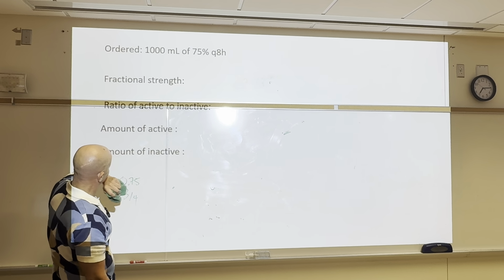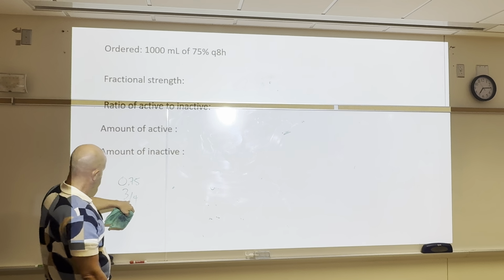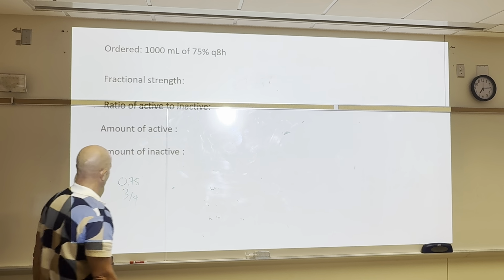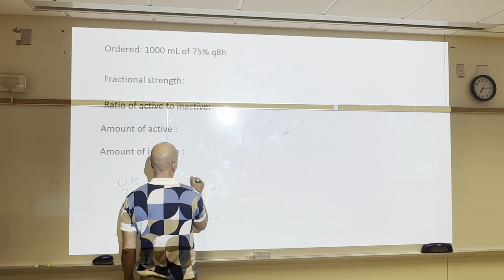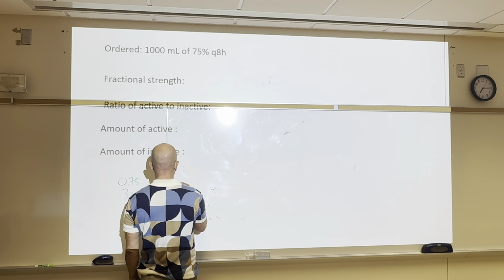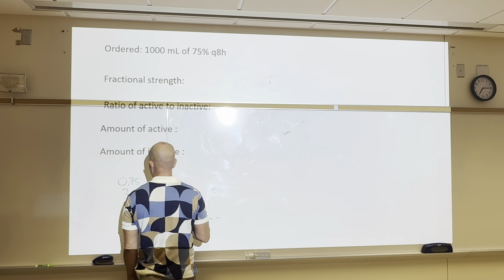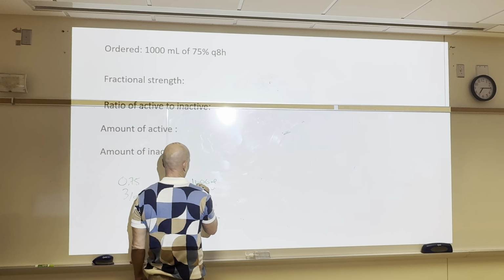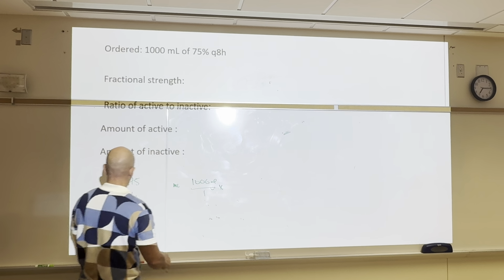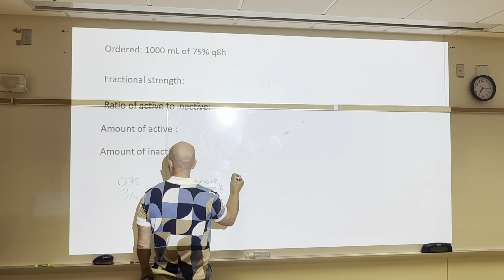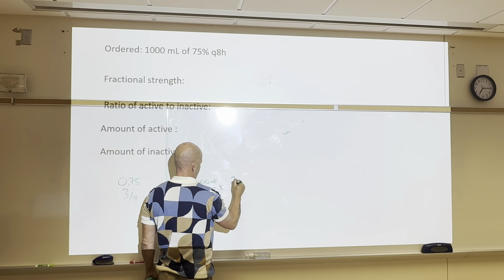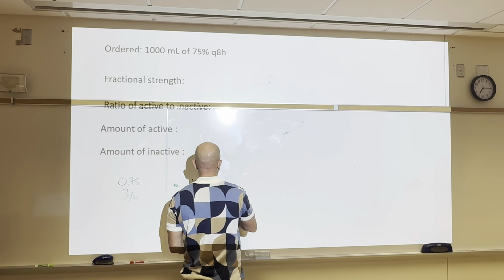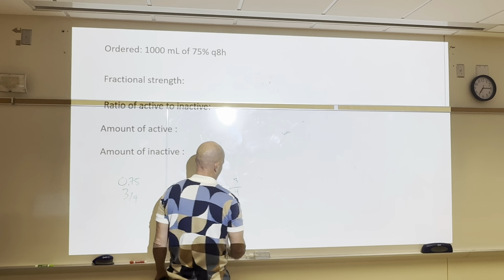So now the ratio of active to inactive. Well, we've got 3 quarters, right? If you've got 1,000 mLs of 75%, well, what are we going to do? We're going to look for mLs. So we've got 1,000 mLs over 1 times 0.75, there's 3 quarters, right?